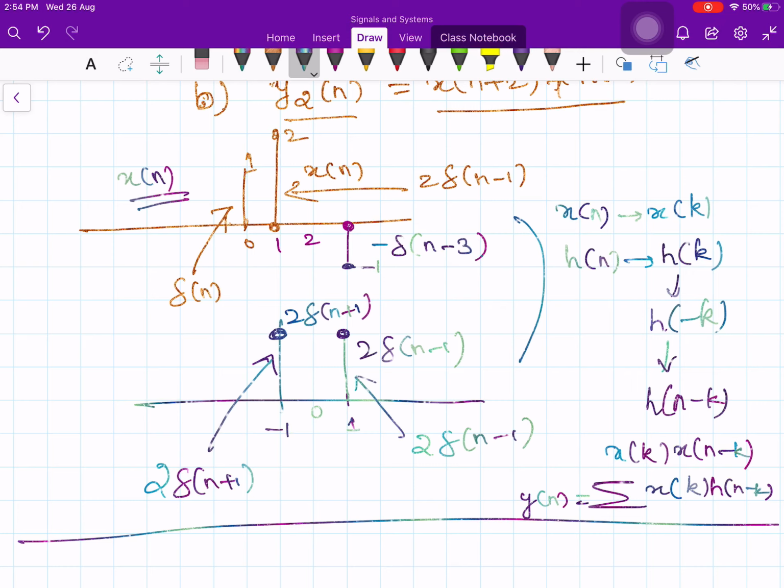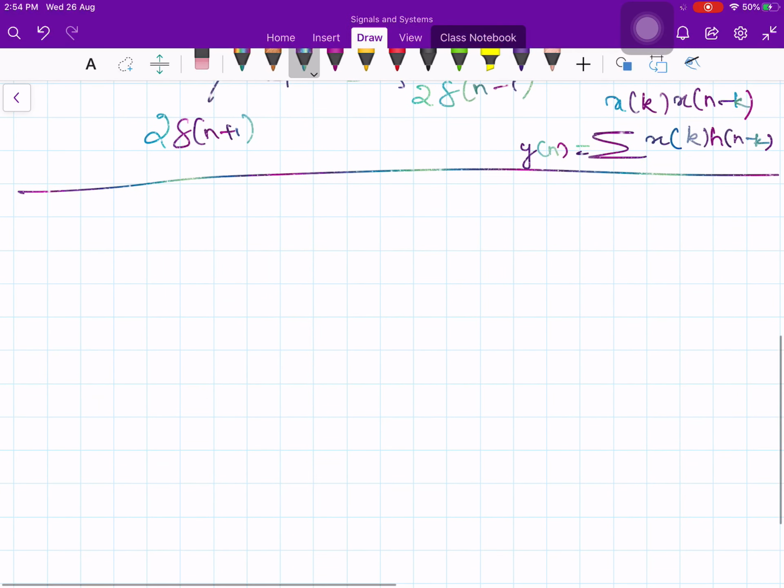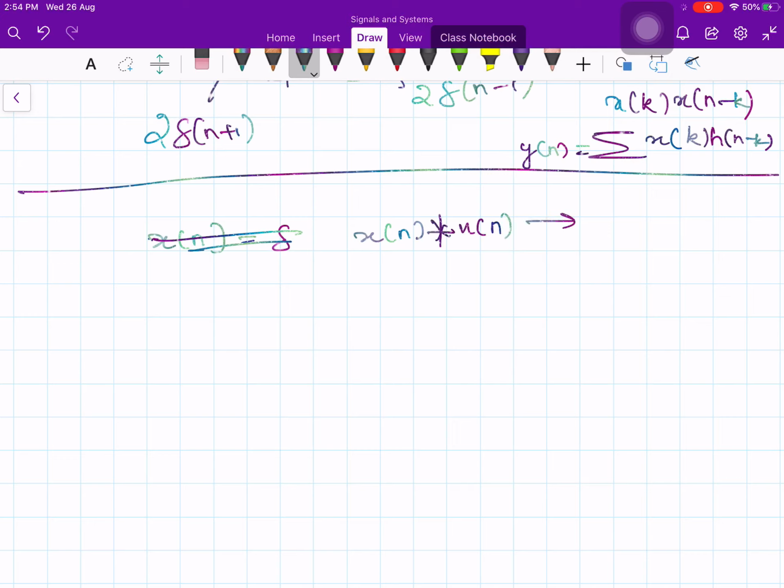Before that let us recall the property that we discussed in the last lecture. x of n convolved with delta n is x of n itself. x of n convolved with delta n minus n naught is going to be x of n minus n naught.